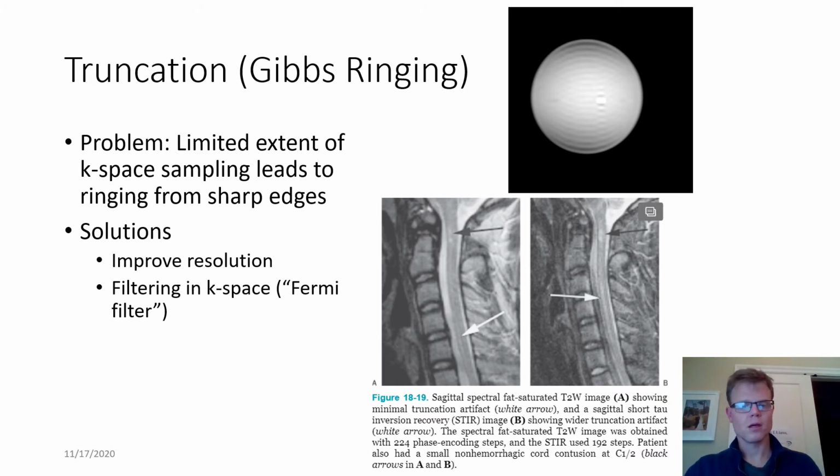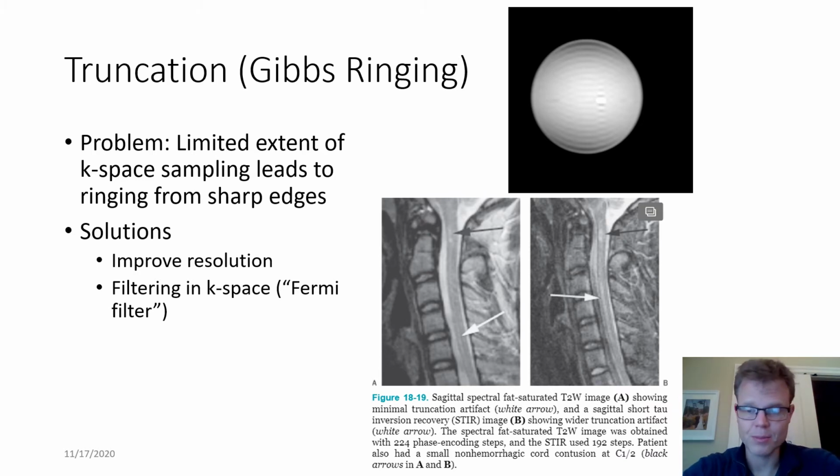One result of that is that, especially when you have a sharp edge, you get this oscillation, or ringing artifact, from these sharp edges. So you can see in the circle image here at the top, we have Gibbs ringing in the up and down direction, which has a coarser spatial resolution, versus the left-right direction, where we see less of that.